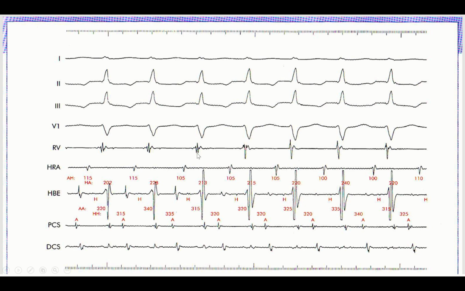In this example, we can appreciate a narrow complex long RP tachycardia with variable HA and variable VA. So the retrograde conduction, the VA time, changes with each cycle length. So it is not AVNRT, not AVRT, and atrial tachycardia is likely.